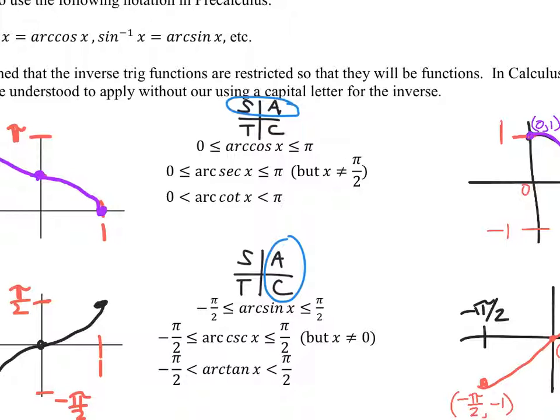Now, if you know your unit circle values, you're just reading the unit circle backwards. So if I ask you the arc sine of -1/2, I'm just asking you what angle in the unit circle, in the appropriate quadrants, has a sine ratio of -1/2.